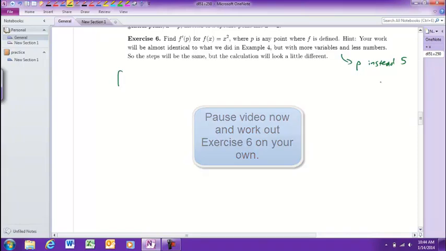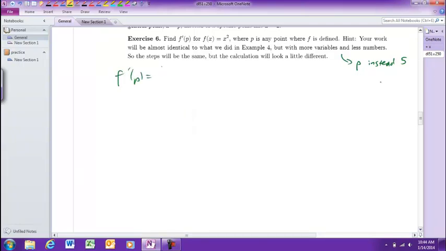Okay, so what we're looking for is f prime of p, which by definition is the limit as h goes to 0 of f of p plus h minus f of p divided by h. And our f is x squared. So if I plug in p plus h in for x, I get p plus h quantity squared.